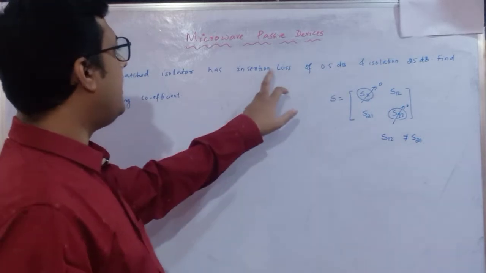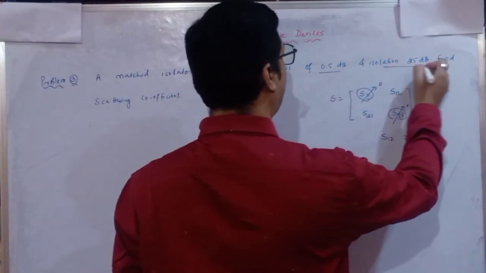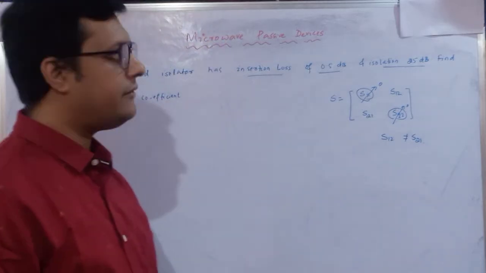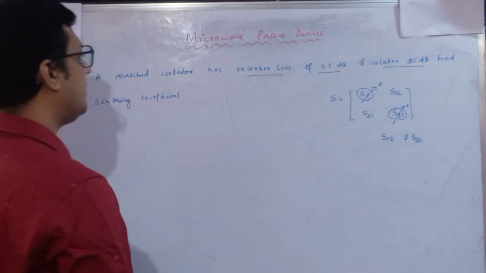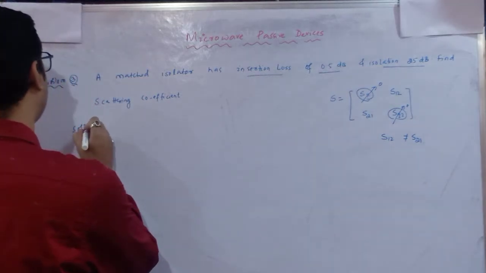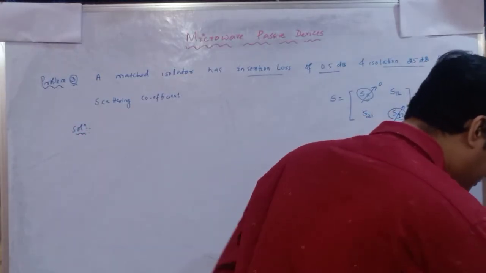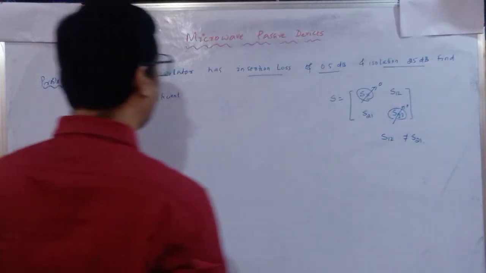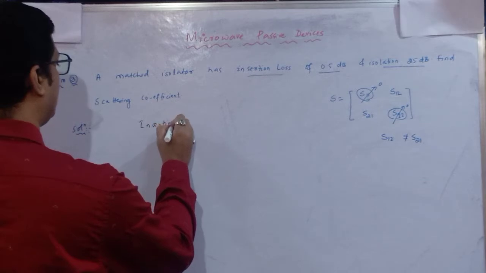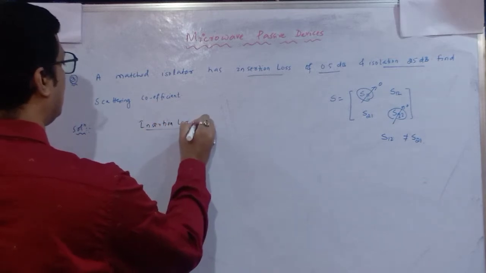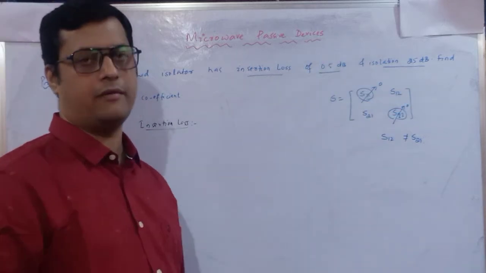And here the hints are given. Insertion loss is 0.5 dB and isolation is 25 dB. With the help of these two, we can determine S12 and S21. How? Let's see. First, insertion loss. Insertion loss is identified from which particular port to which particular port power is flowing.